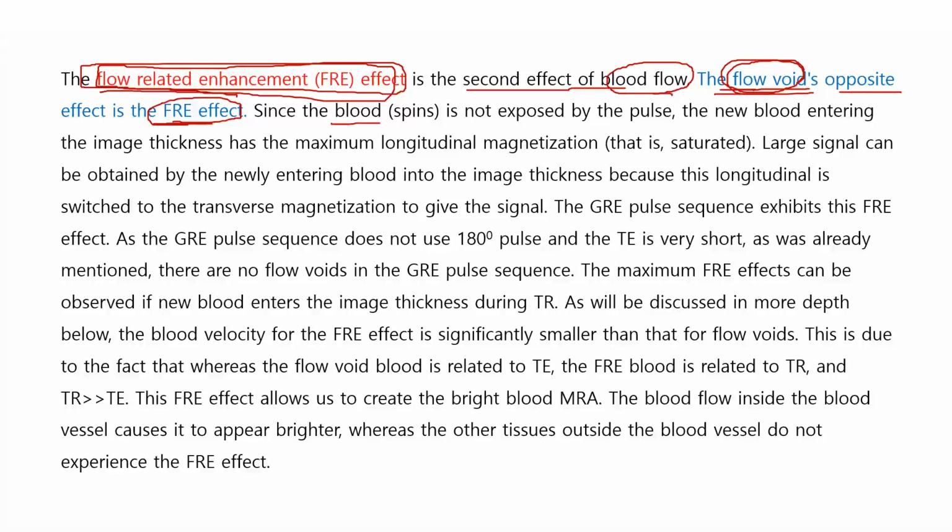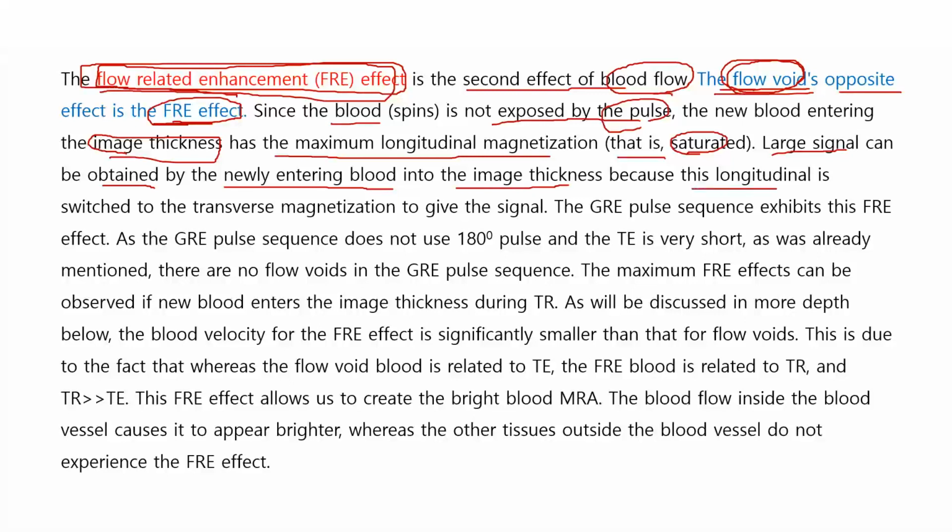Since the blood is not exposed by the pulse, the new blood entering the image thickness has the maximum longitudinal magnetization, that is, it is not saturated. Therefore, large signal can be obtained from the newly entering blood into the image thickness, because this longitudinal magnetization is switched to the transverse magnetization to give the signal.